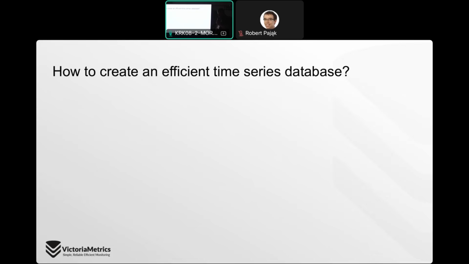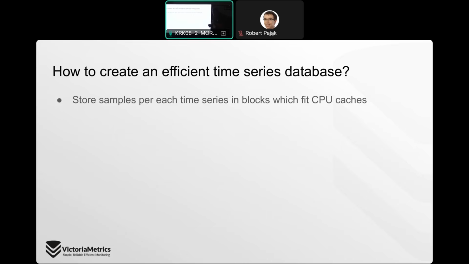So how to create an efficient time series database? Let's look at some important points which are used in VictoriaMetrics. The first point, very important, is to store samples compactly per each time series in data blocks which fit CPU caches.